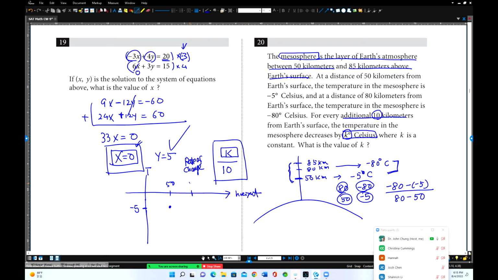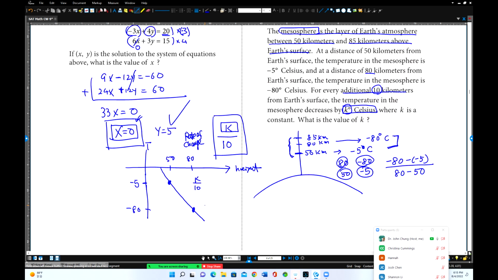And at 80, that is -80 degrees. That's fine. So the graph looks like it's getting down over here, okay?